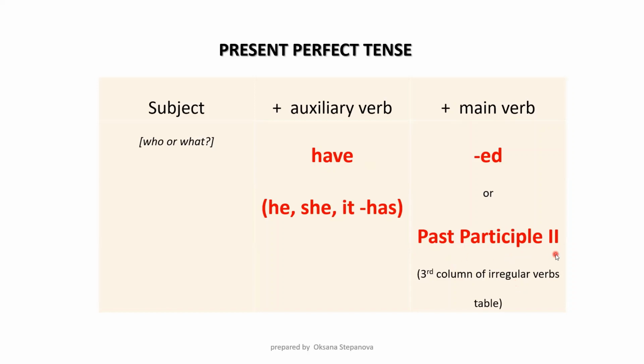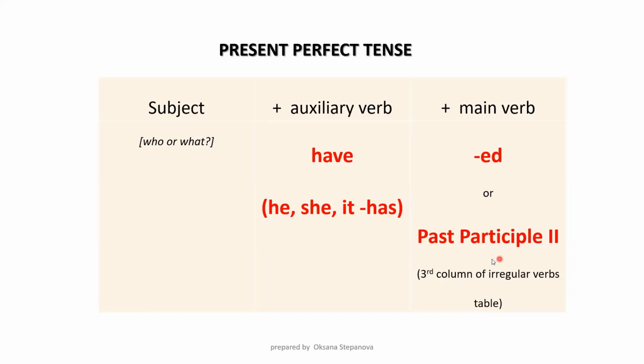So if the verb is irregular, we look at the table of irregular verbs, look at column number 3 for the past participle form.